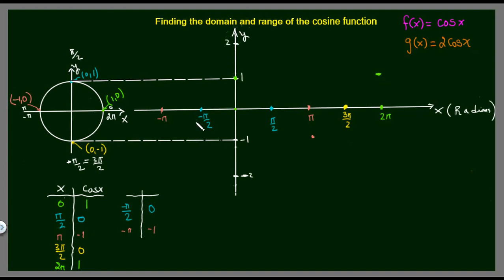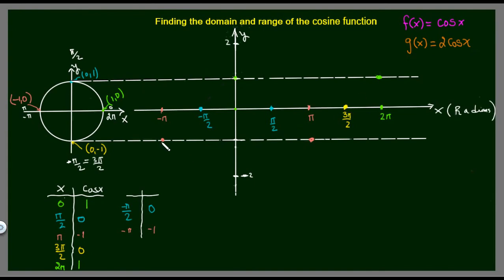Doing the same thing on this side, minus pi over 2 is 0, right here on the x-axis, and minus pi is -1 right down here. So now we just need to connect the dots to have our function.